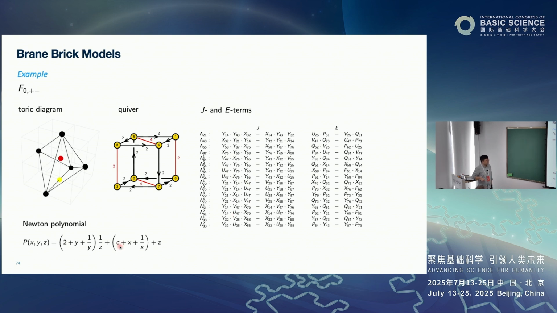So this is not the complex structure moduli. This I identify as I can put it as one, or any other complex number. It's actually the internal point of the Toric diagram that I have. I can put the one or whatever.